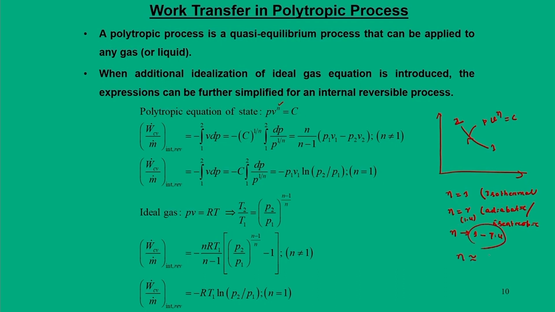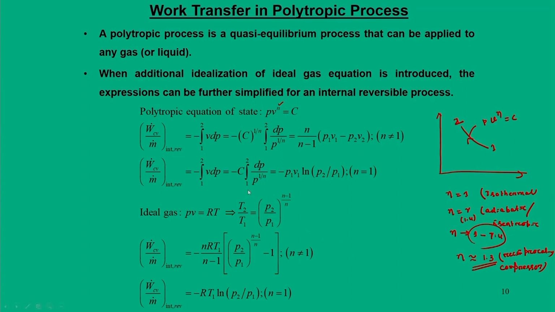A typically realistic value of n is about 1.3, which is normally used for a reciprocating compressor. The reciprocating compressor is another area of application, although it is not a steady flow device because it is a cyclic device.